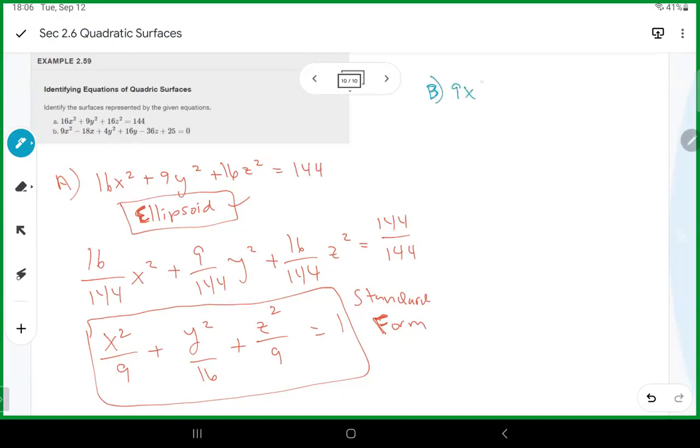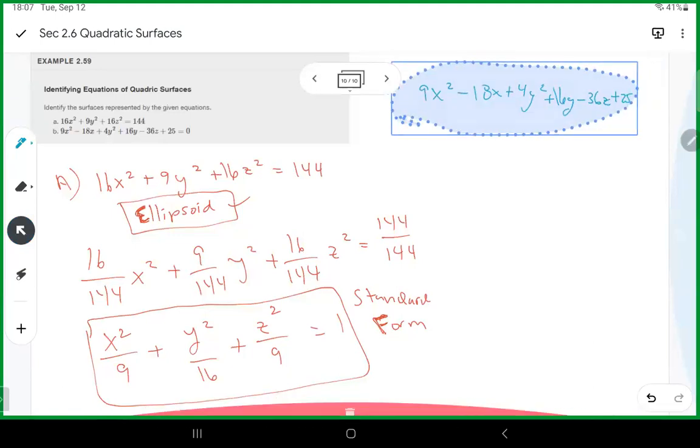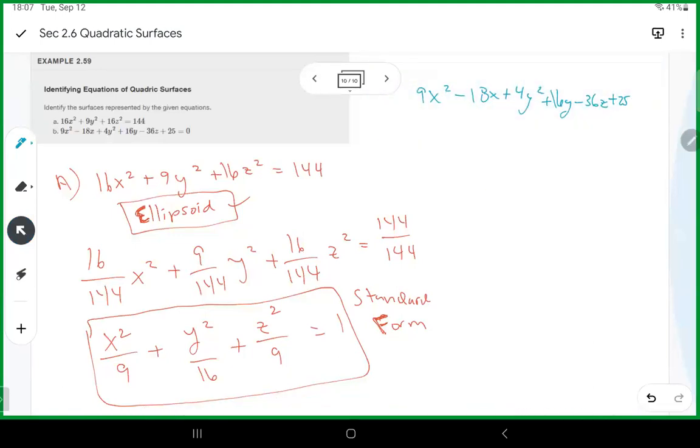All right, so part B. It was 9x squared minus 18x plus 4y squared plus 16y minus 36z plus 25, and that was all equal to 0.